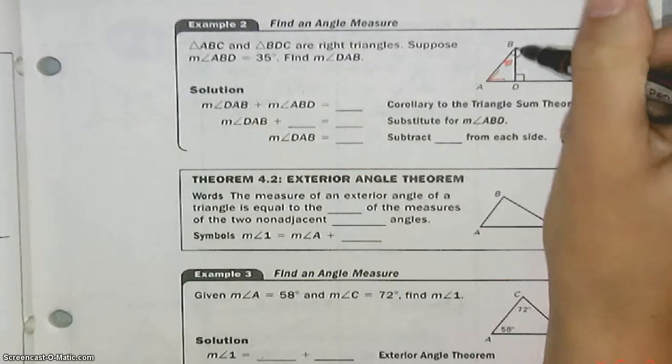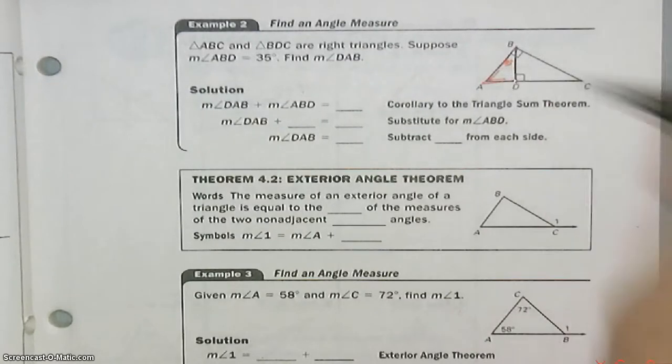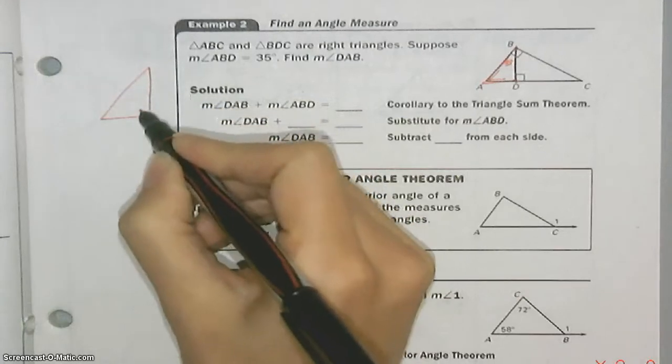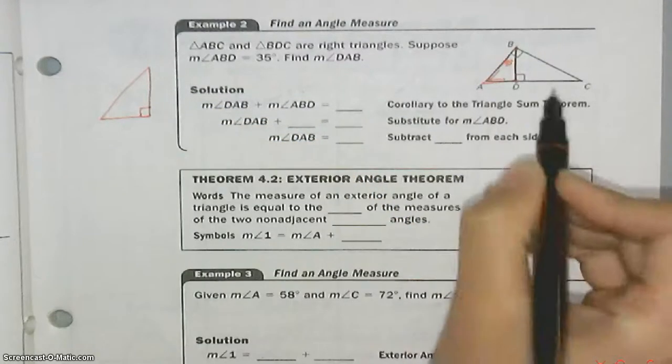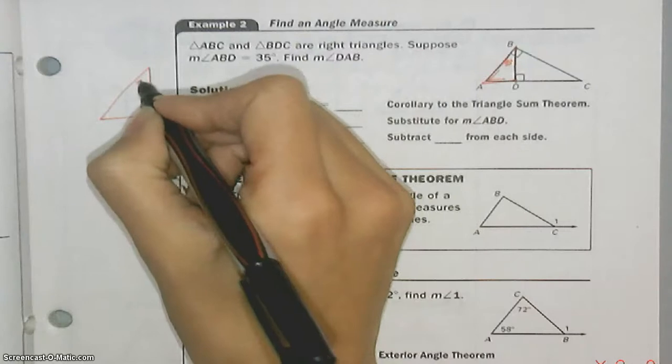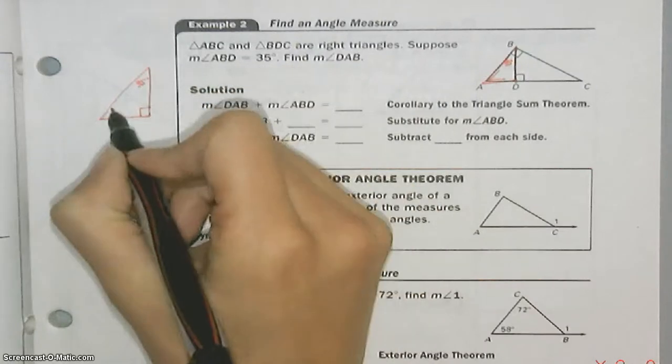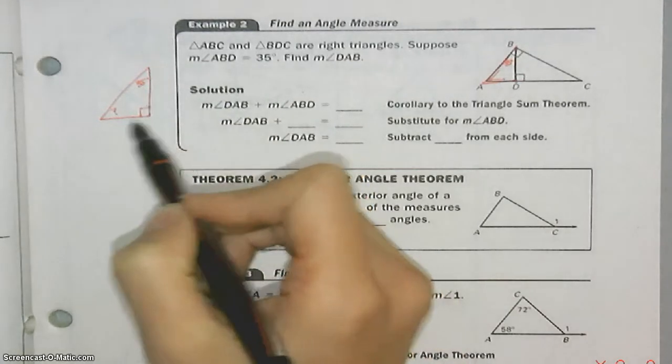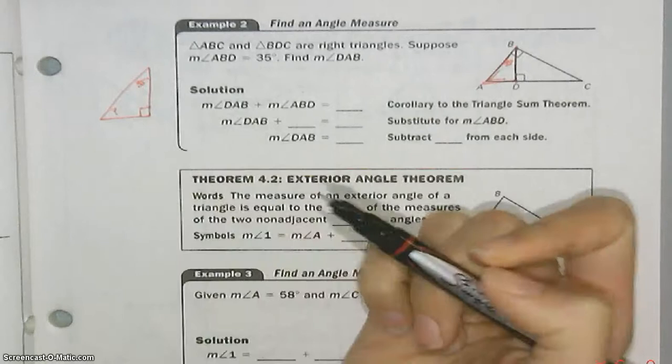Well, we've got a right triangle. I'll kind of draw that bigger for you. So there's my 90-degree angle. This is 35, and we're looking for this angle. Well, we know there has to be 180 degrees in a triangle, so we can subtract this all from 180 if we want.